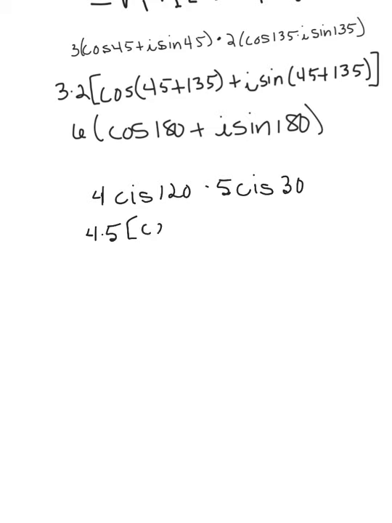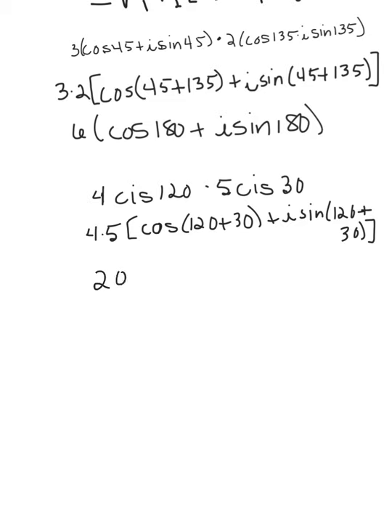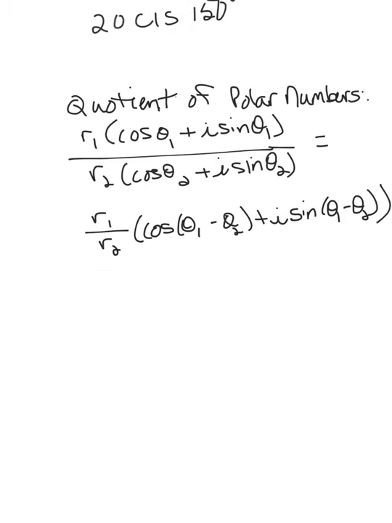We're going to have the cosine of the two angles added, 120 plus 30, plus I times the sine of 120 plus 30. That means we now wind up with 20 cis of 150 degrees.